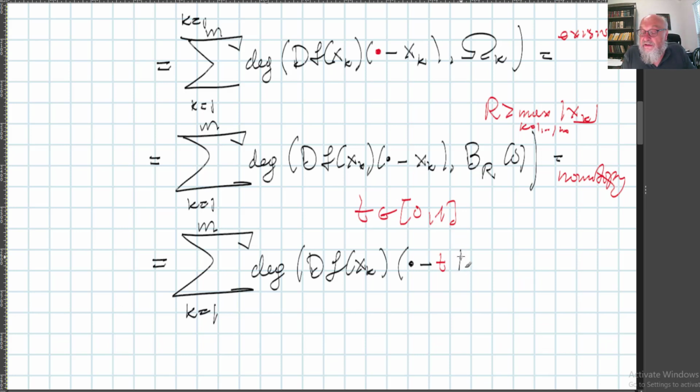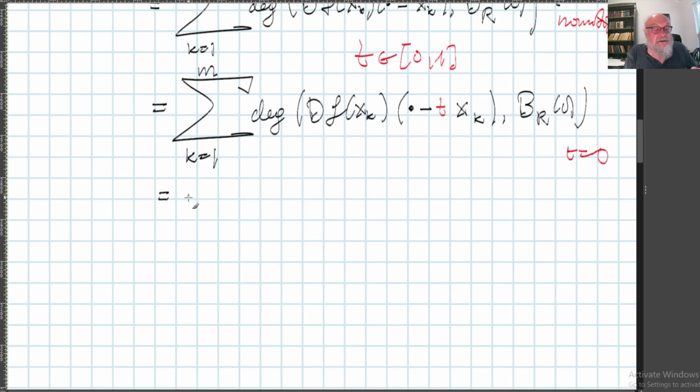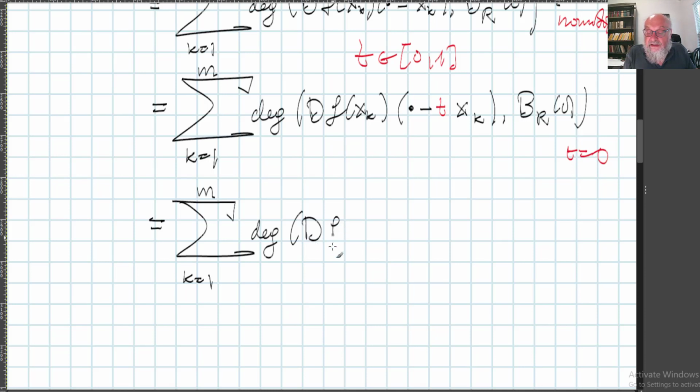This will be xk on br 0. So now again take t is equal to 0. So what do I get? This one is equal. Go down. Equal sigma k is equal 1 to n degree df of xk, and now that one becomes 0, so just simply this one without shifting.